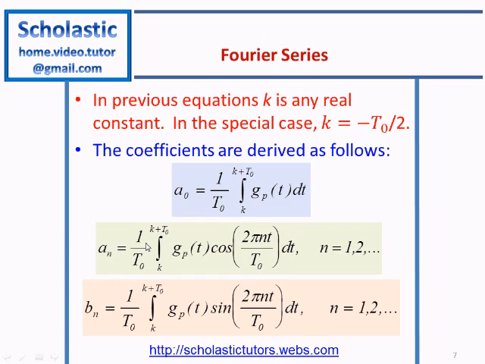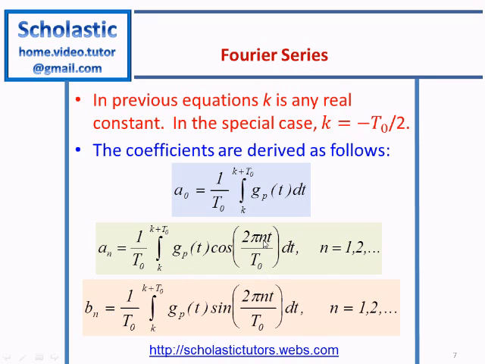And then we can calculate An. Again, there's an expression for that one. An equals 1 over T0 times the integral from k to k plus T0 of g_p(t) cos(2 pi n t over T0). This is again a definition. Let's see how we can simplify this one later. Here n goes from 1 up to infinity.